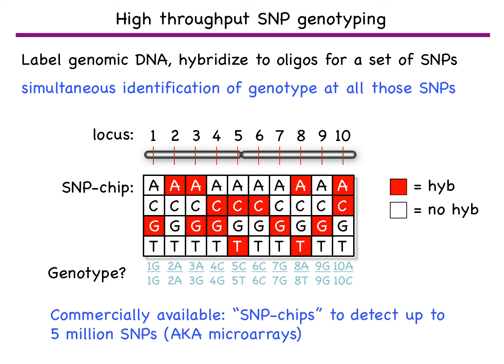I'm showing you an example of just genotyping 10 different locations in the genome at one time, but there are commercially available SNP chips that can detect up to 5 million SNPs. In fact, this slide's a little bit out of date. You can actually detect way more than 5 million in a current SNP chip at this point in time. So you can sample many, many polymorphic sites all throughout the genome all at one time.